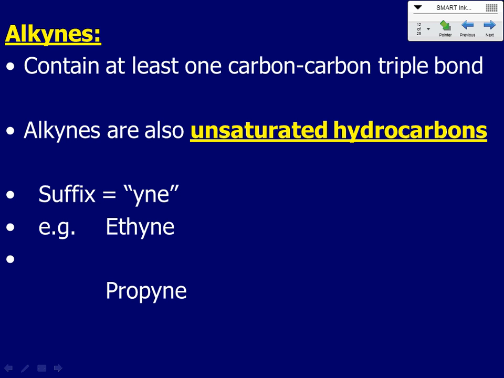Let's now first write down about alkynes. They're also unsaturated. We would say it has 2 units of unsaturation. So now I've got things like ethyne and propyne.